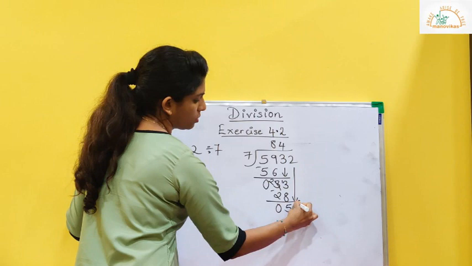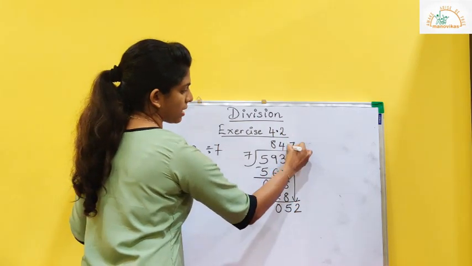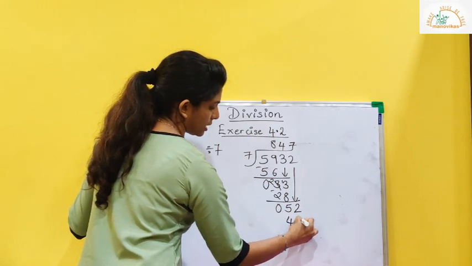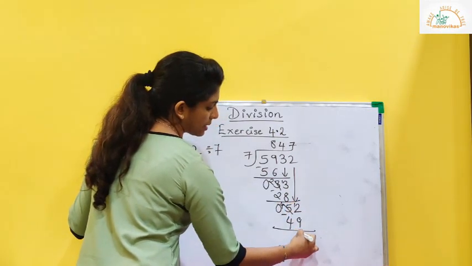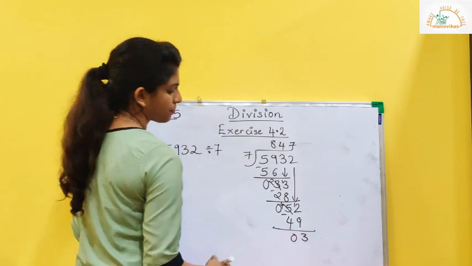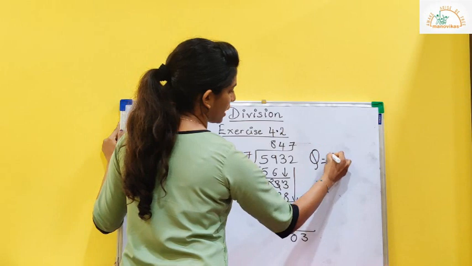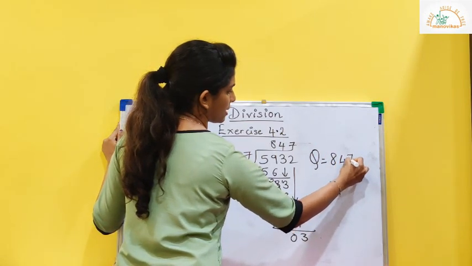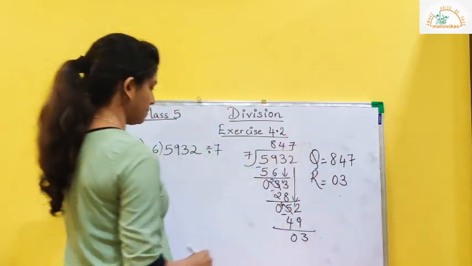Now I bring down 2. 7 7s are 49. 52 minus 49 is 3. Okay. Now here I get quotient as 847 and remainder as 03.